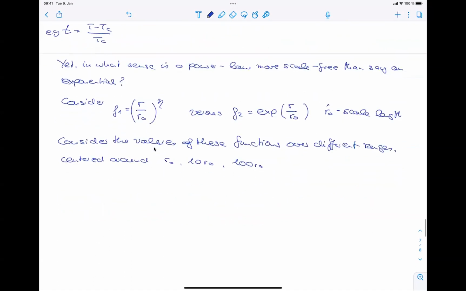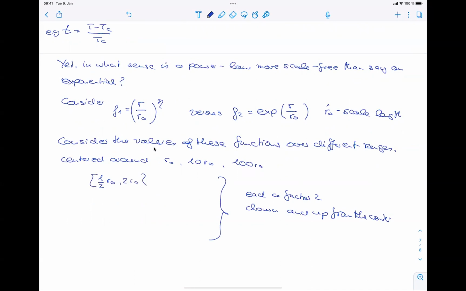And so how do we define the ranges? We define the ranges to be each a factor 2 down and up from the center. So this is just 3 different ranges. For R0, we go from half R0 to 2 R0. It's one range.